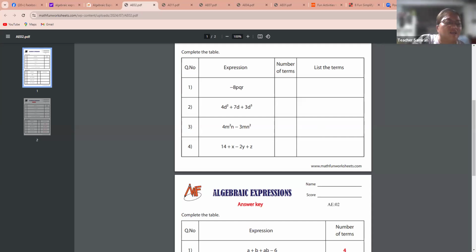Okay, are you done? You can send me an emoticon, same with what Shitya, I think it was Shitya earlier, sent me. She sent me an emoticon implying that she was already done with answering the activity.